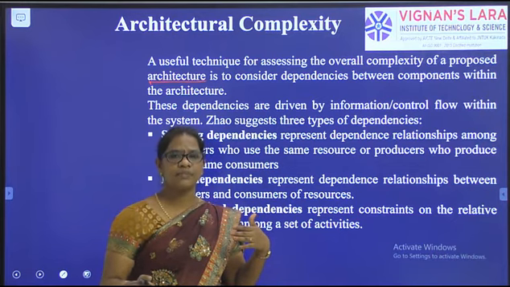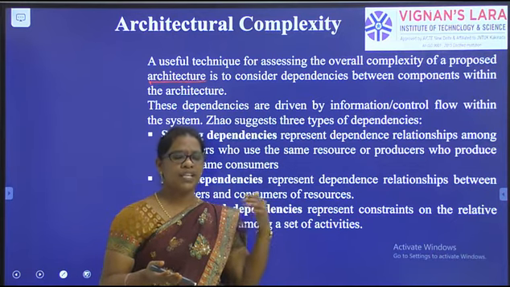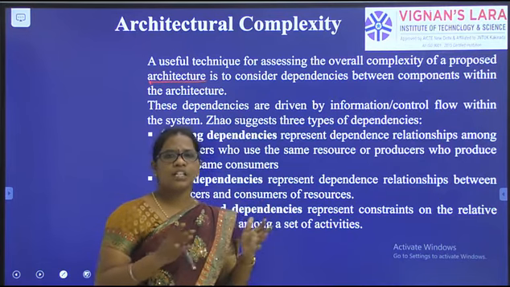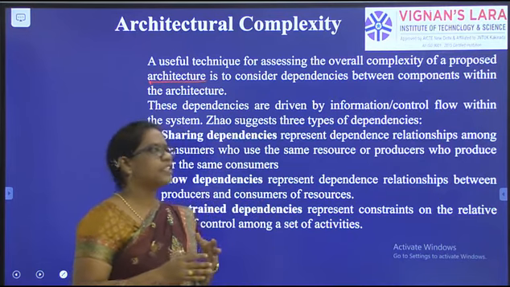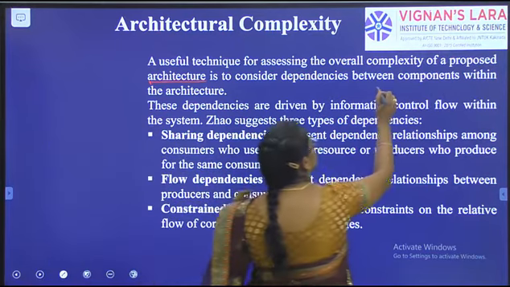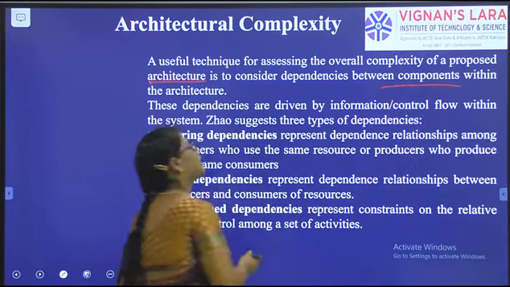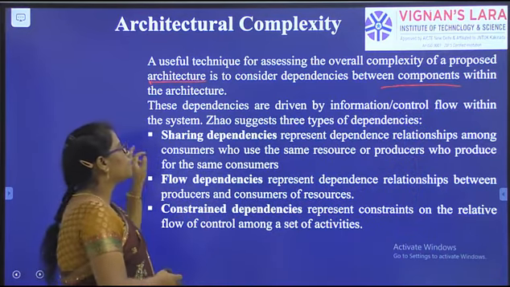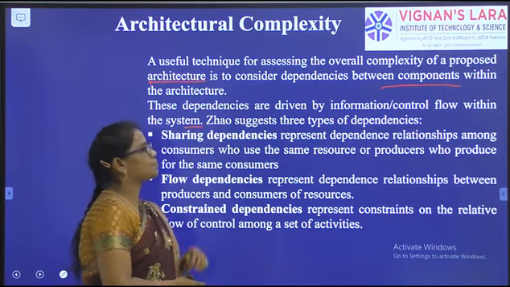If the sensor gives some signal, it has to be controlled by the control panel. So the complexity depends upon the dependencies between the components within the architecture. These dependencies are driven by information and control flow within the system.